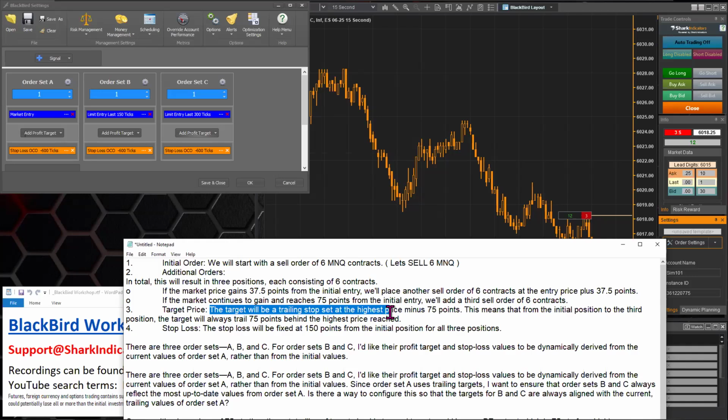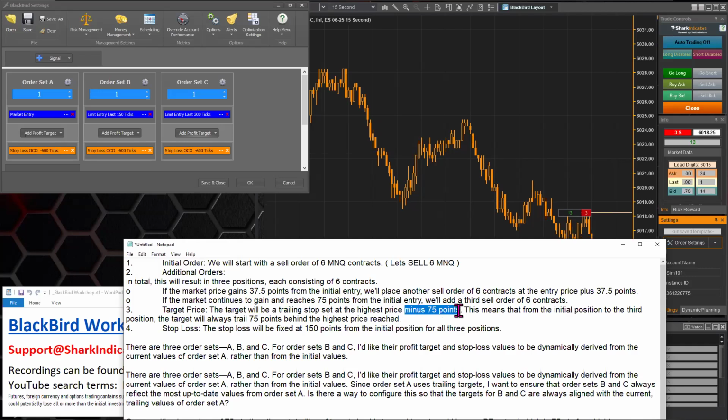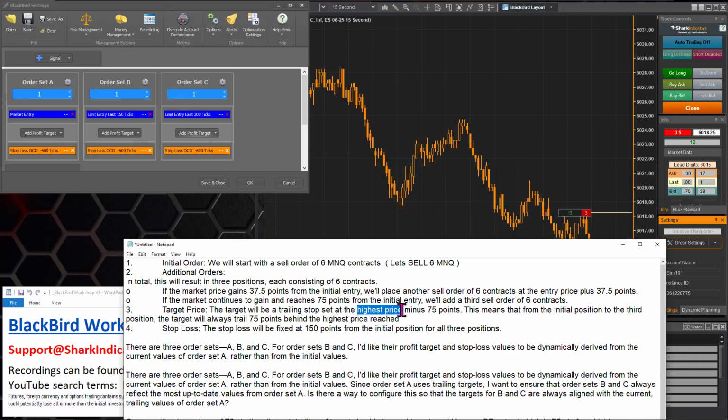So it's going to be plus 75 points from the lowest price there. So plus 75 points.